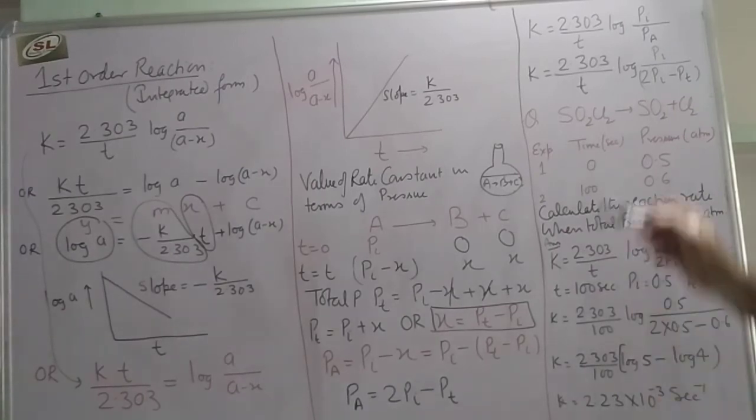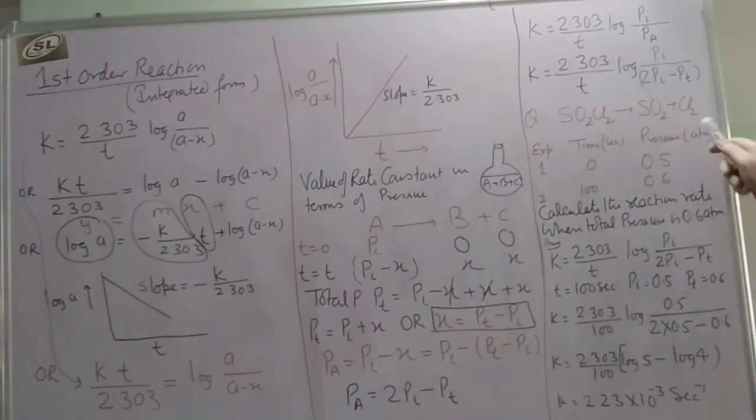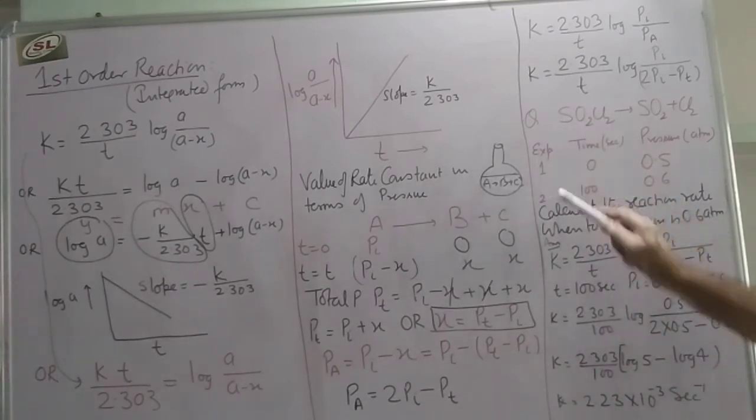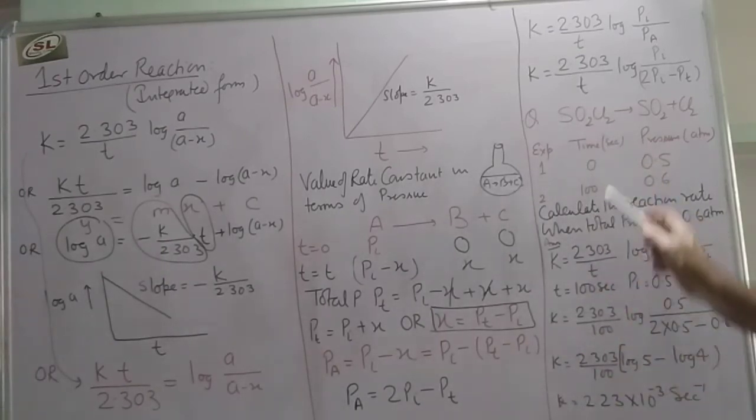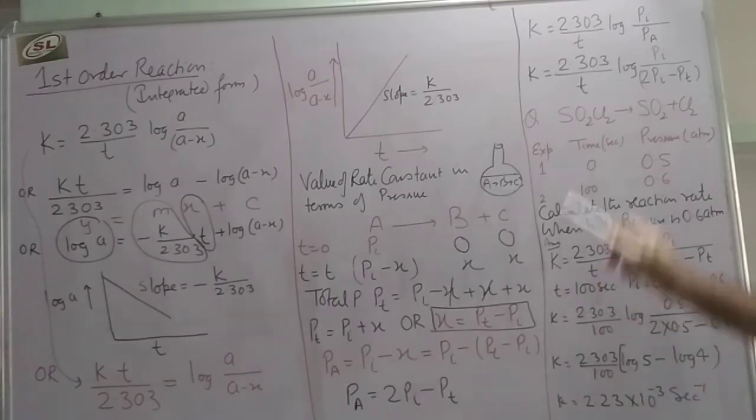Suppose the decomposition of SO2Cl2 is taking place into SO2 and Cl2. For that, two readings are given. At time 0, the pressure was 0.5 atm, which is the pressure of SO2Cl2 only.